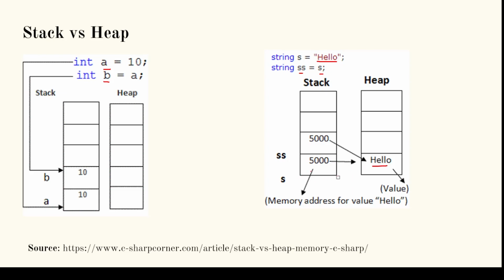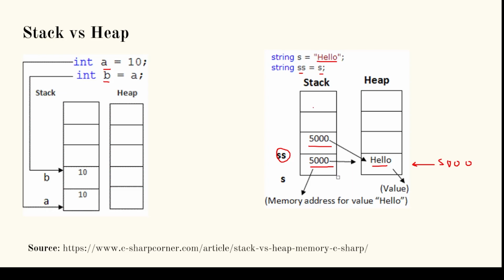Okay, so s will have the value 5000, for this example. 5000 is nothing but a memory location. At this location, we have the hello string. And when we say ss equal to s, ss will also have the memory location 5000 in it, and that will also point to the same string on the heap.